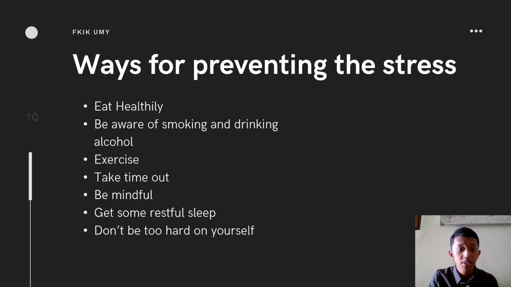And then exercise, take time out, and be mindful. We can relax our bodies, such as by listening to murottal or nature sounds. And then the next is to get restful sleep to reduce the stress itself. And the last, don't be too hard on yourself.